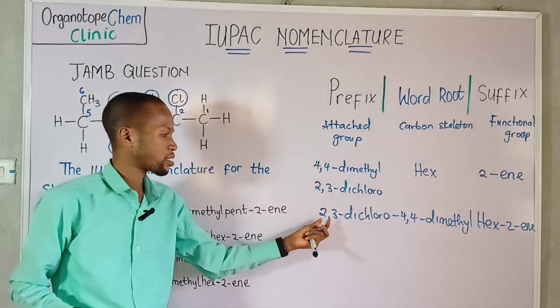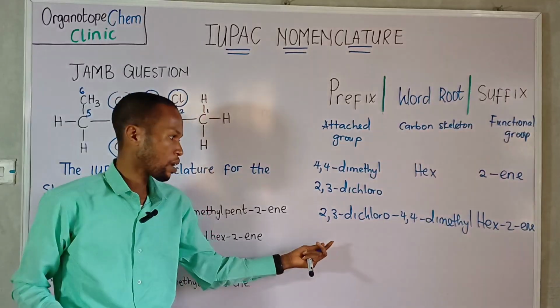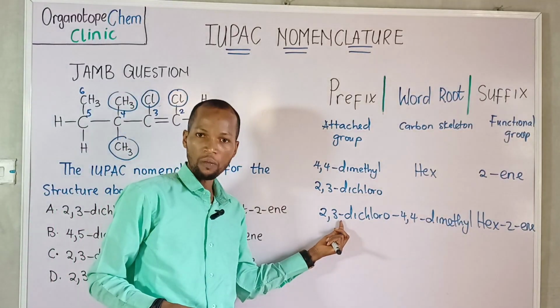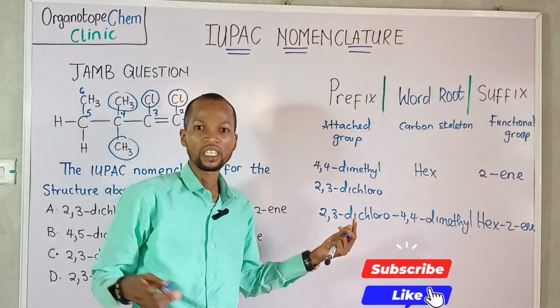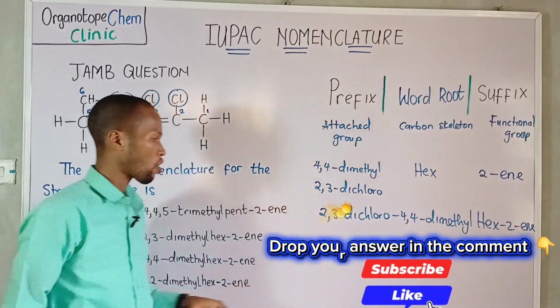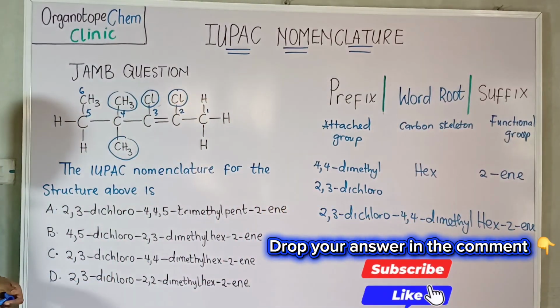Okay, we separate the numbers with a comma and a number from a word with a hyphen. So which of the options is correct right here?